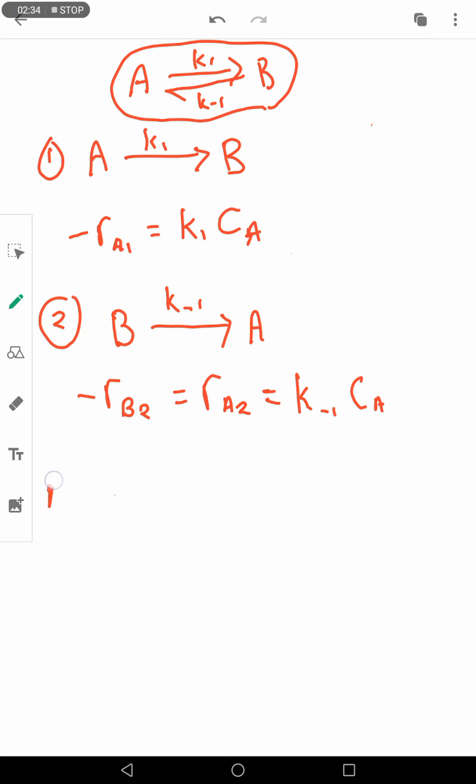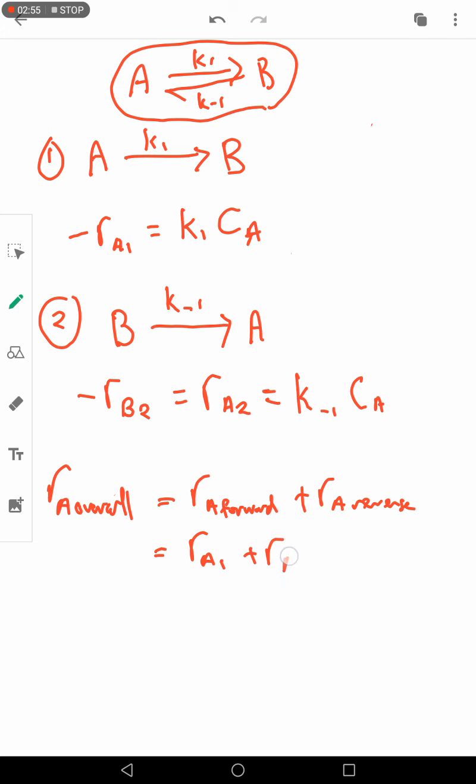So kalau nak cari rate A overall, dia bersamaan dengan RA forward plus RA reverse. So in this case, kita buat term RA1 plus RA2.